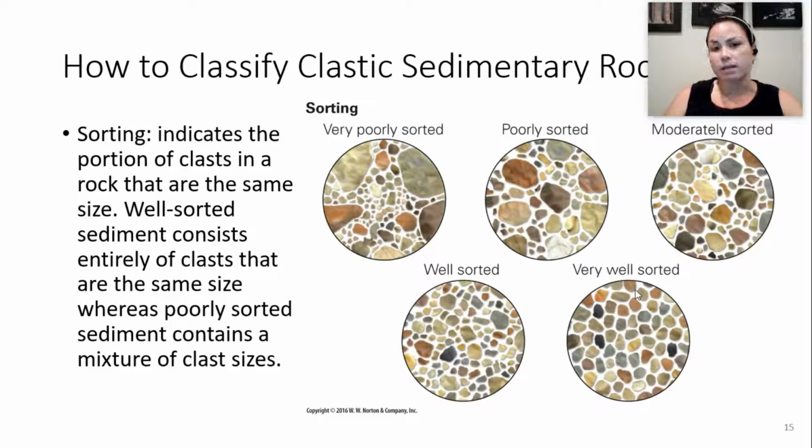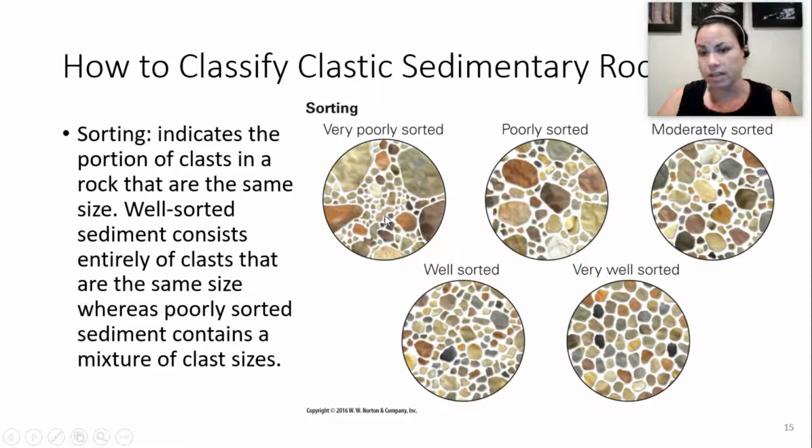Okay, next is sorting. Sorting indicates the proportion of clasts in a rock that have relatively the same size to each other. So a well-sorted sediment consists entirely of clasts that are the same size, whereas poorly sorted means that there's a big mixture of them. So if we were to look at this picture here, a very poorly sorted sediment would have really large clasts with very small ones.